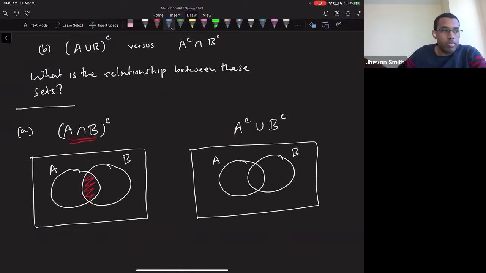The complement is everything in the universe except that. So what would that consist of? So the box is everything in the universe. So yes, the universe is the box. So it's everything but what's in the universe. So outside of the box.